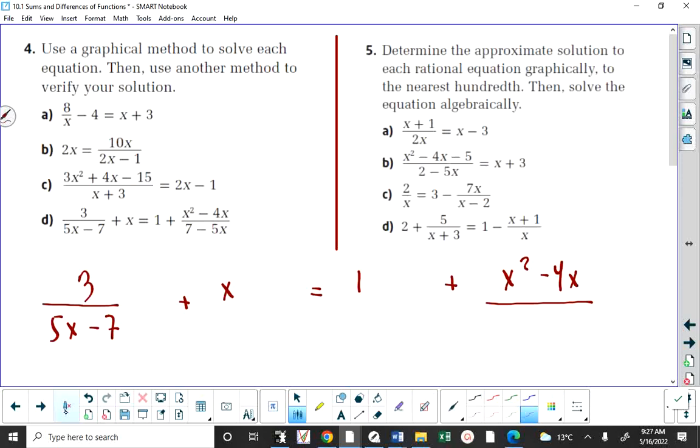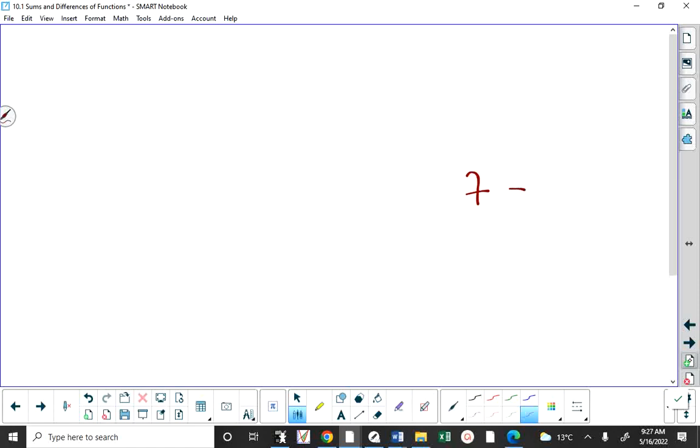So I think I will do something with that 7 minus 5x right now. I'm going to factor a negative 1 out of it. I'm going to do this over here. If I had 7 minus 5x and I factor a negative 1 out of it to reveal that there's a 5x minus 7 inside of it, the 7 becomes negative 7. The 5x, which is negative, becomes positive 5x.